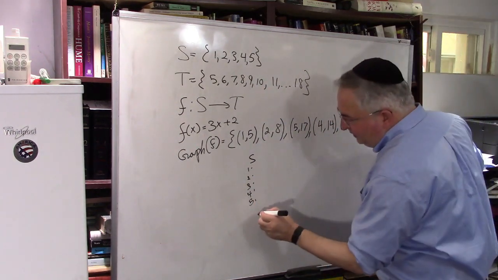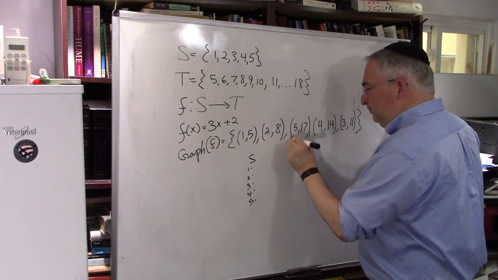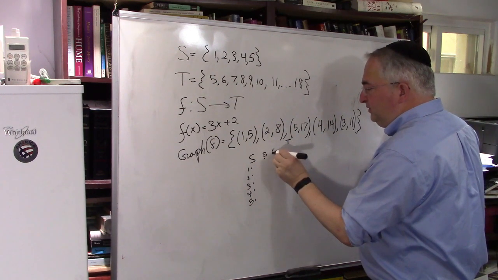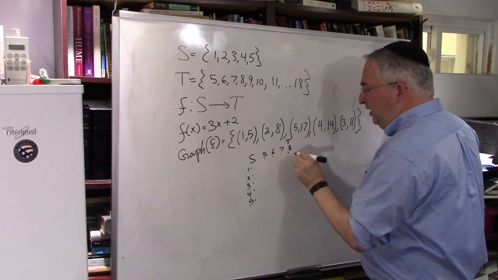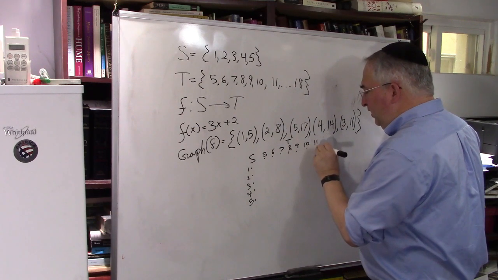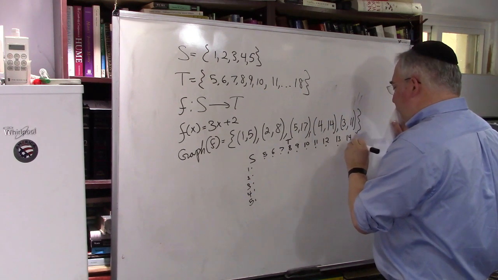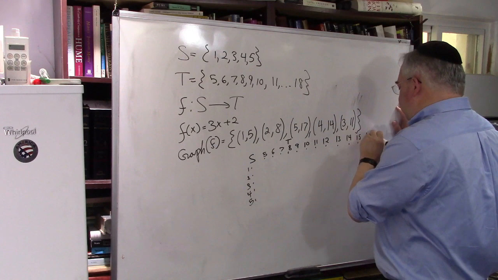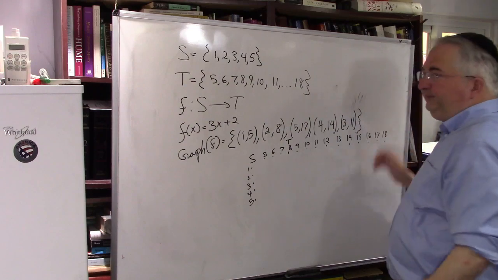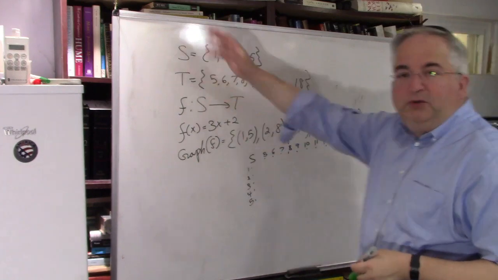T is the set 5, 6, 7, 8, 9, 10, 11, 12, 13, 14, 15, 16, 17, 18. Hold on. And now we're going to highlight the graph, just like we did with that parabola.